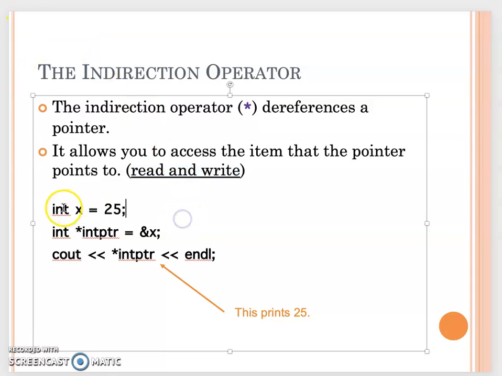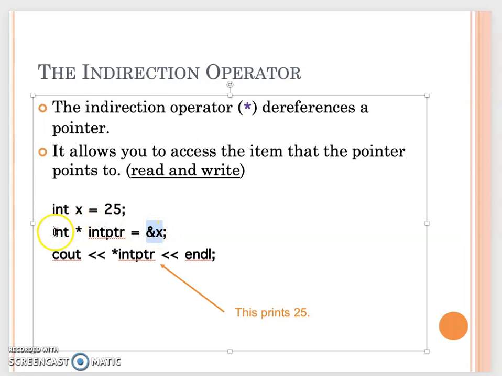We see here, I have an int variable x, and I'm using my int ptr to refer to x. One thing I forgot to tell you earlier: when you declare your pointer, you can not only assign it equal to 0, you can also initialize your pointer variable with the memory address.